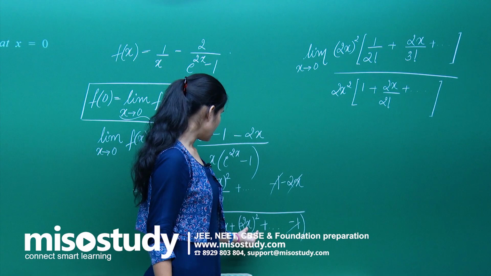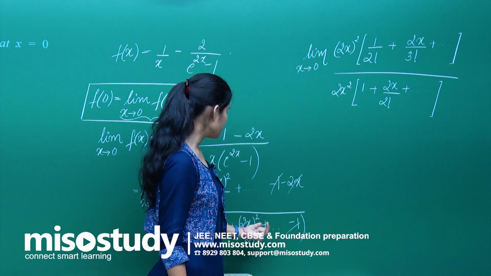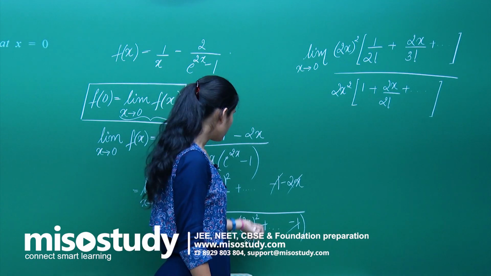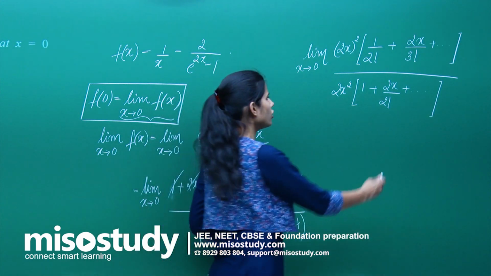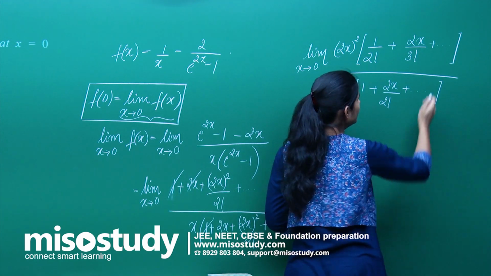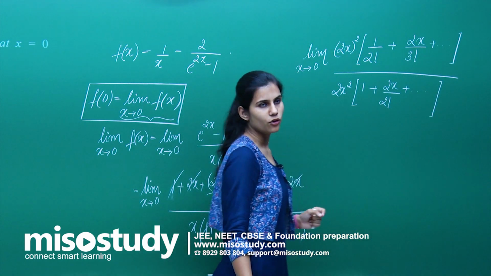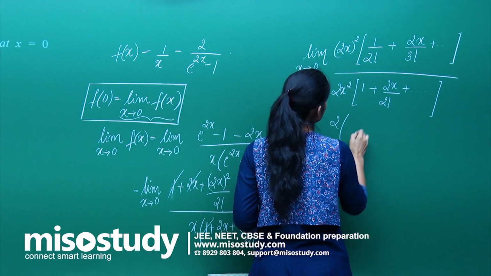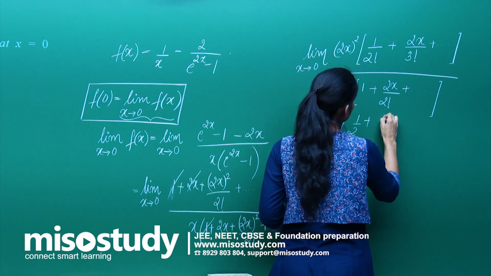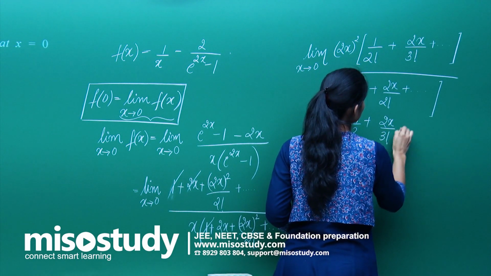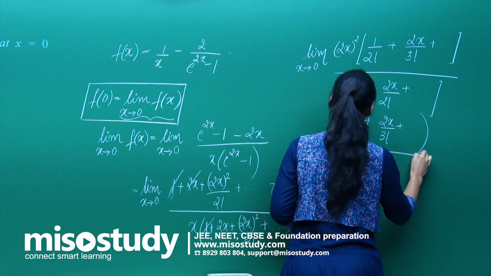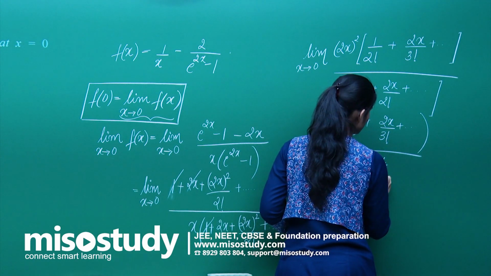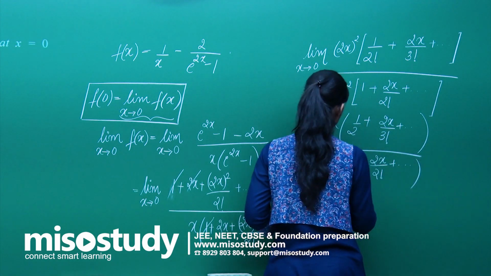Clear? 2x square has been brought out common, so 1, 2 is left, 1x is left and therefore 2x by 2 factorial is left. Rest all the terms are going to have at least one x term. Here also at least one x term will be there in all the next terms. So you can see 2x square gets cancelled. You are left with 1 by 2 plus 2x by 3 factorial plus and so on, whole upon 1 plus 2x by 2 factorial and so on.